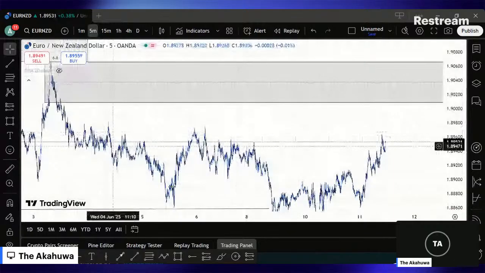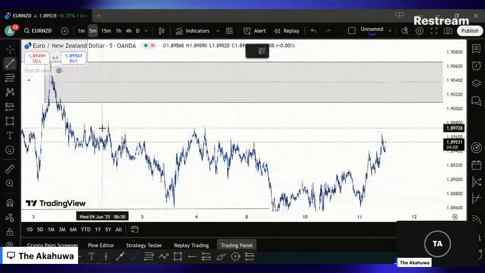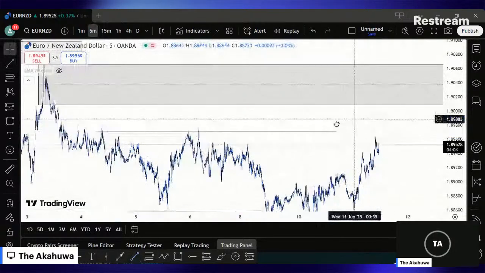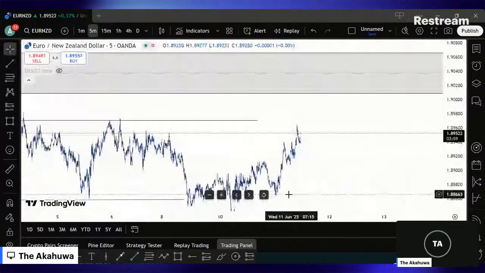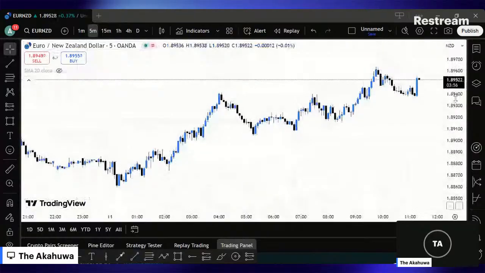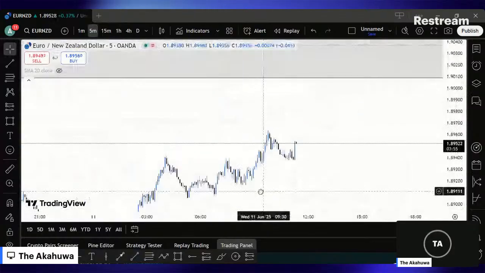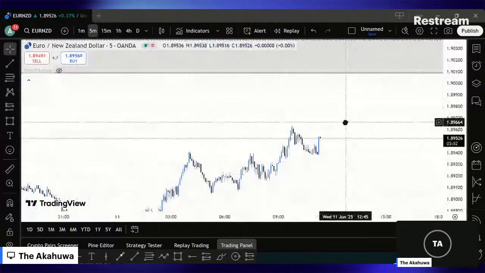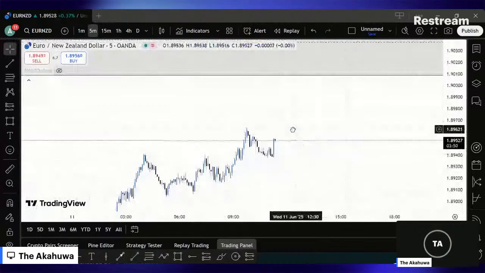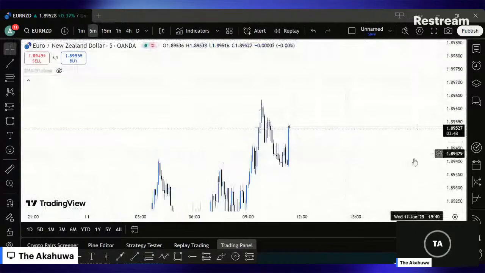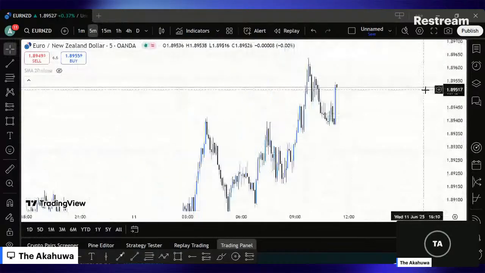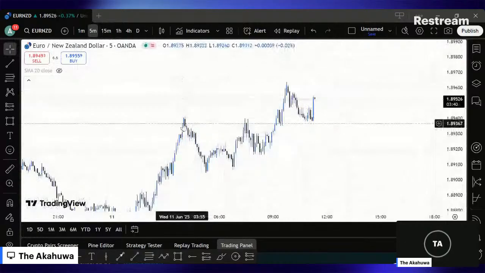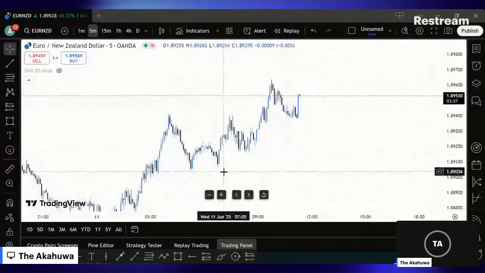This area is going to be used as liquidity. The market coming to this point, then you can action. But for now, I don't think there is a trade here unless you just want to scalp it to the upside. Let me see if we can find a buying opportunity here.